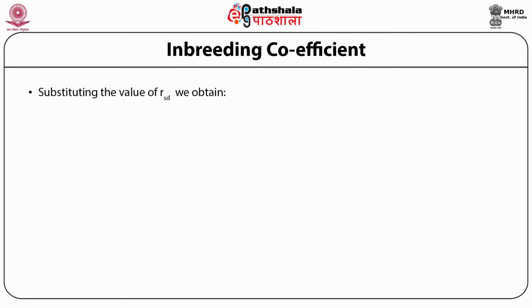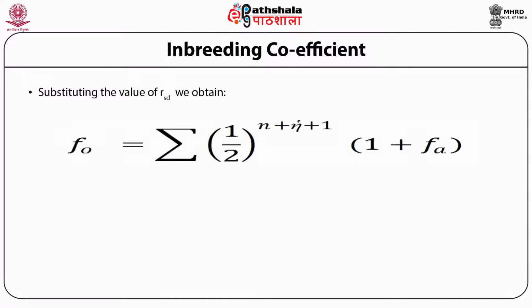Substituting the value of RSD, we obtain FO = Σ(1/2)^(n+n'+1) (1 + FA).